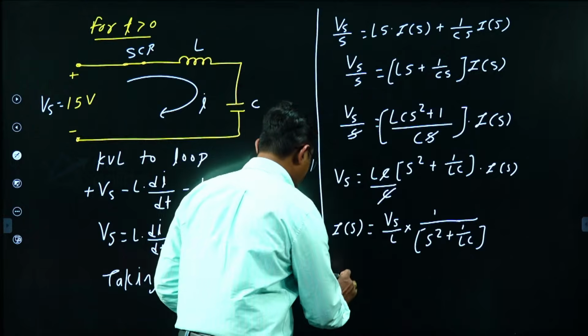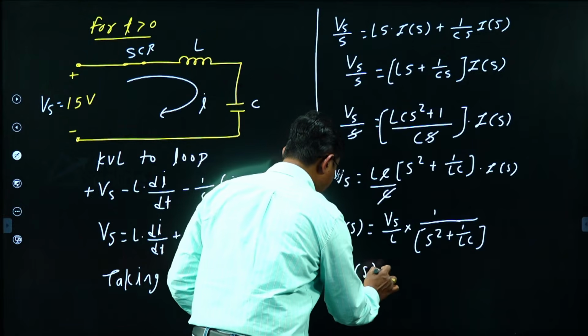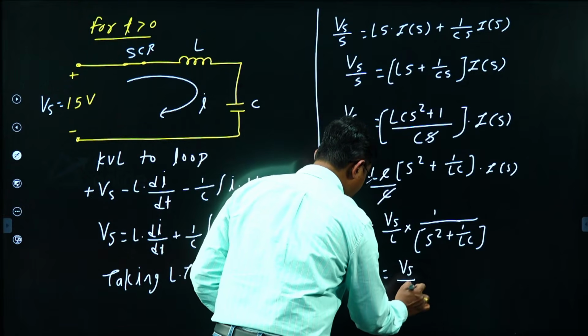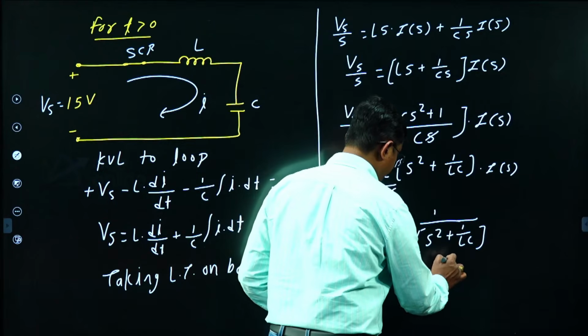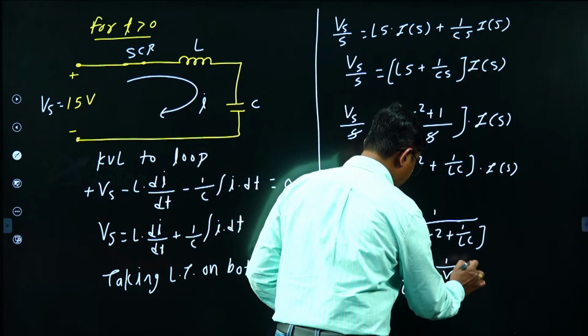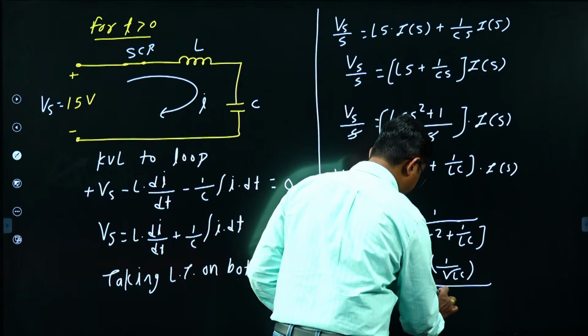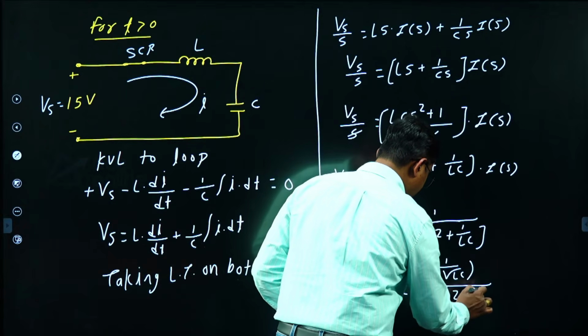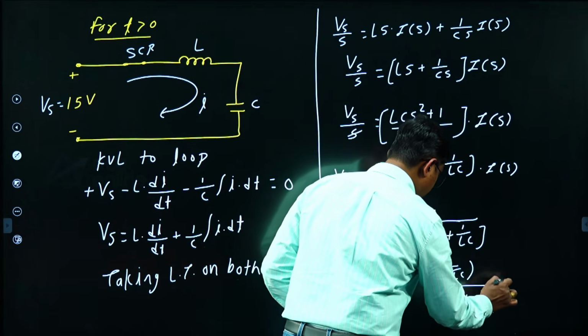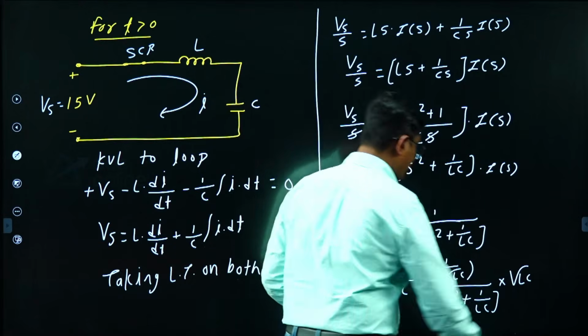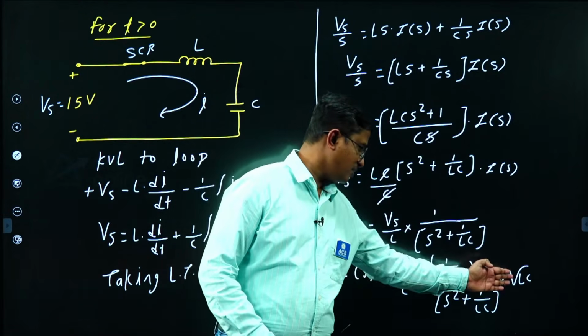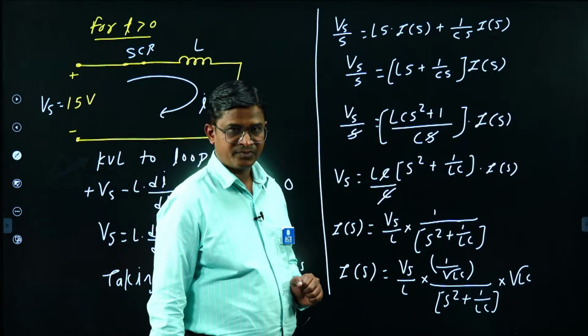So I of S equal to Vs by L into 1 by root LC upon S square plus 1 by LC into root LC. Root LC cancels out, again the same term.